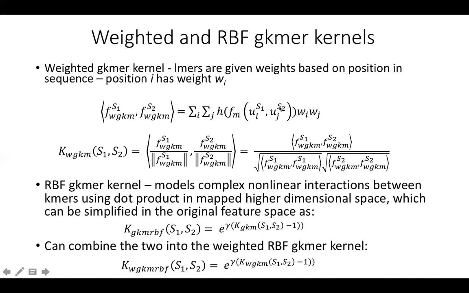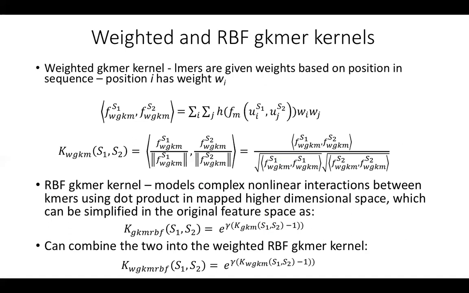Here, we assign weights to Elmers based on their position in the sequence, and correspondingly, the dot product formula gets changed as shown, and the contribution for a pair of Elmers gets scaled by the product of the Elmer weights. We will primarily use this kernel, the WGKM kernel, from here on, as it is a generalized form and reduces to the GKM kernel when the Elmer weights are set to 1.